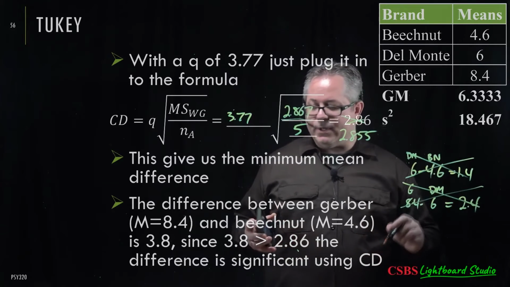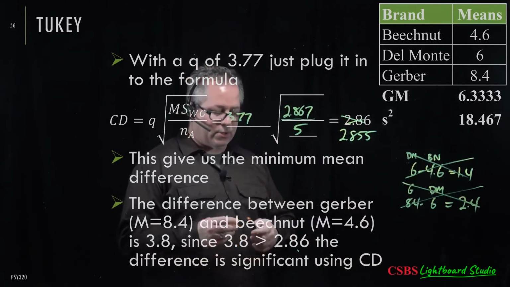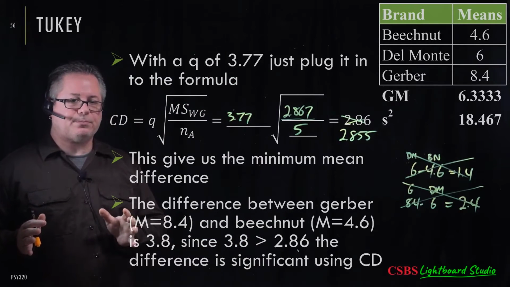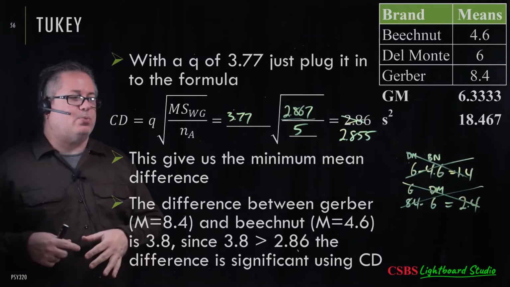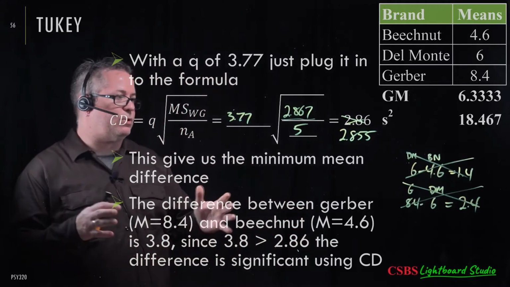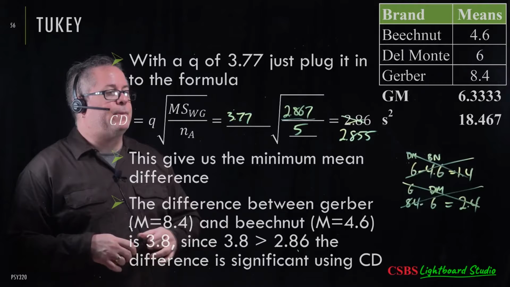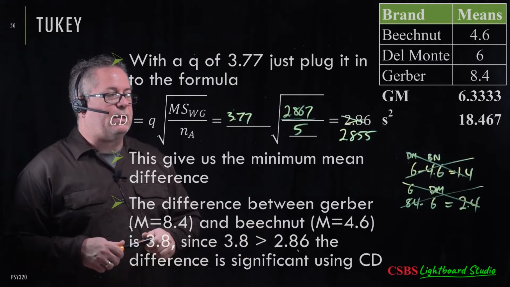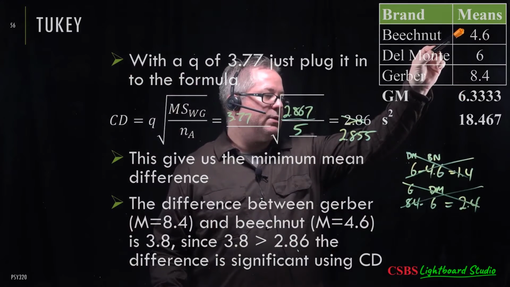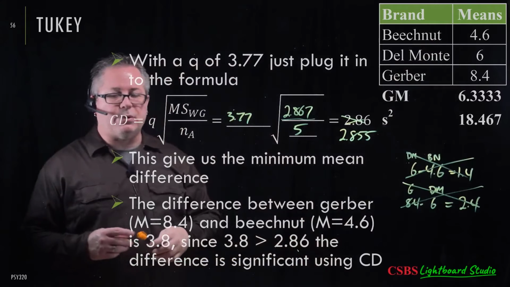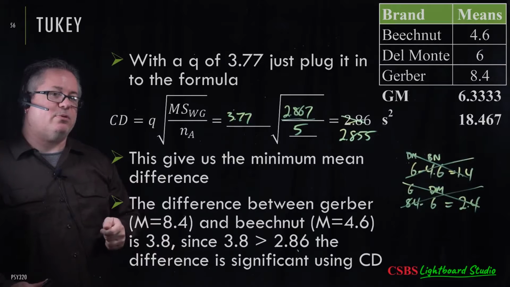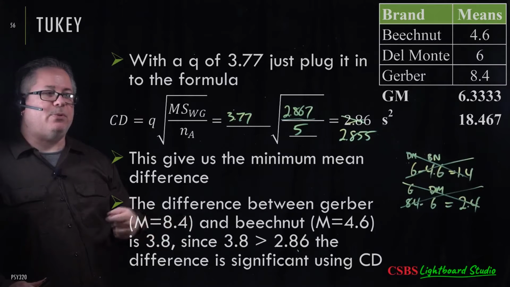So knowing that, and knowing it with this critical difference, what I can conclude is the ANOVA told me that not all groups were equal. Okay, great. So I did this follow-up test that controlled for the alpha level, because I'm doing 3 different comparisons. And it gave me this critical difference of 2.86. And it told me that Gerber is significantly different than Beechnut, but that's it. So as a market researcher, I know that babies prefer Gerber over Beechnut, but that's really the only thing I might be able to conclude.